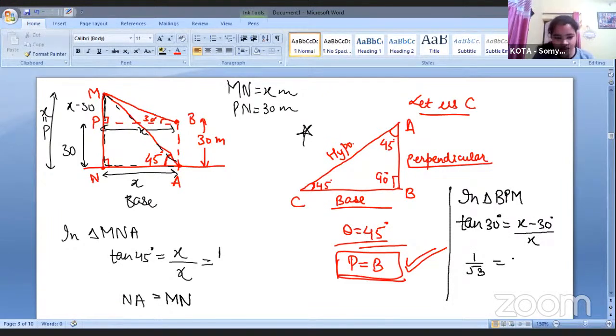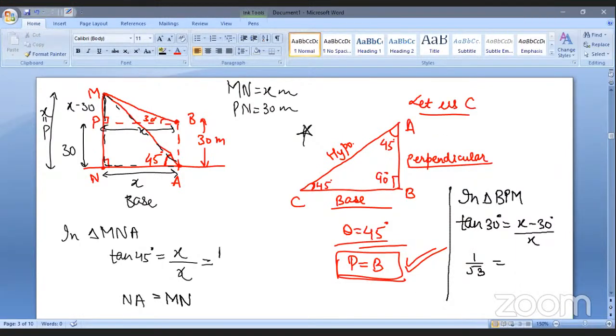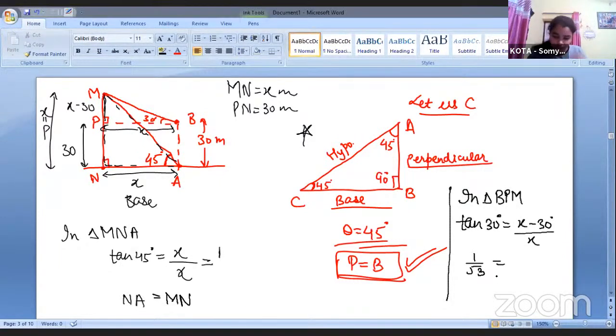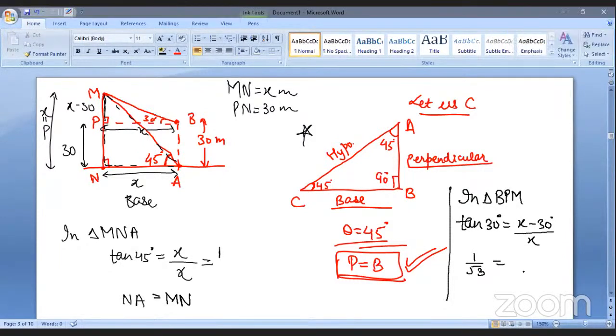And x, from here we get to know, just a second. 1 by root 3 equal to 30 minus x by x.